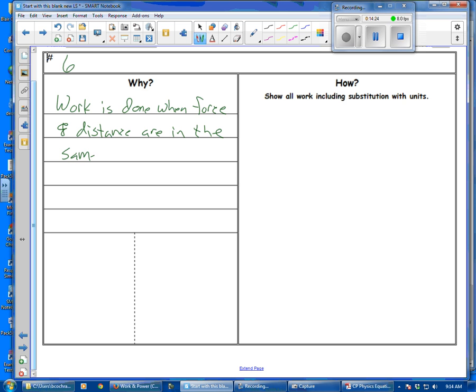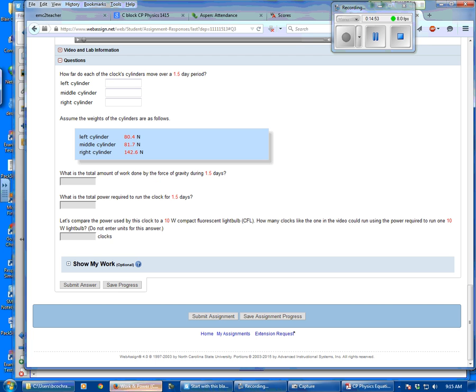I'm actually going to use the word dimension, or dim, rather than direction, because if they're in opposite directions, that's still in the same dimension. And that's what some people would say is negative work, because it's going to take energy from one thing and give it to something else. So the force doing the work is gravity here. Since gravity is down, the work is going to be down.